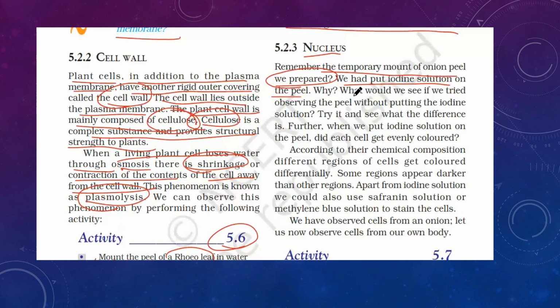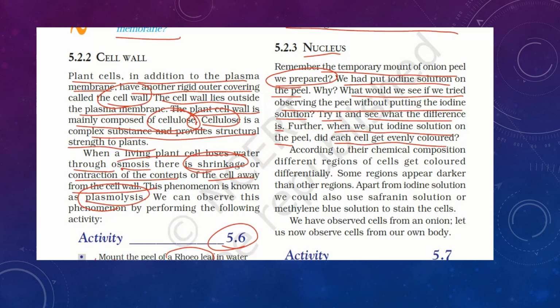Why? What would we see if we tried to observe the peel without the iodine solution? Try it and see the difference. If we do not stain it, we will not see the features properly. When we put iodine solution on the peel, did each cell get evenly colored?